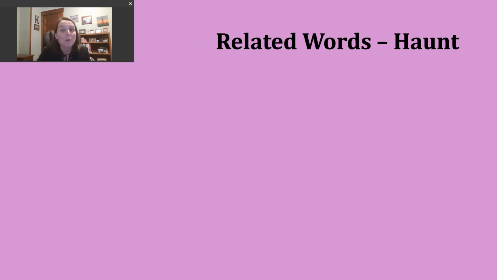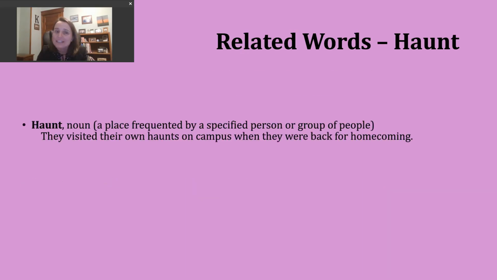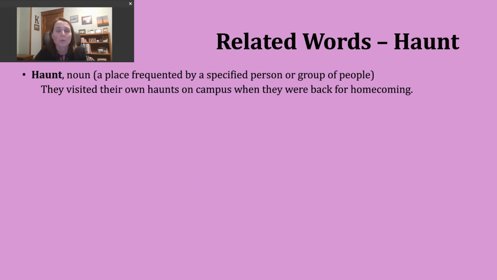Now, let's spend a moment looking at some words that are related to our verb haunt. The first word we're going to discuss today is just the noun form of the word. The noun haunt does have the exact same spelling and the exact same pronunciation as our verb. When we use this word as a noun, we're going to go back to that second definition of the verb.